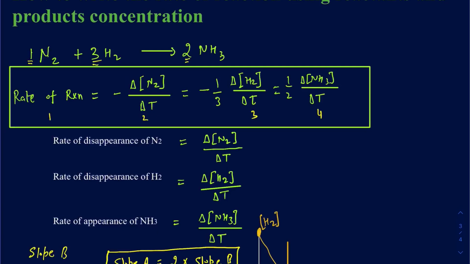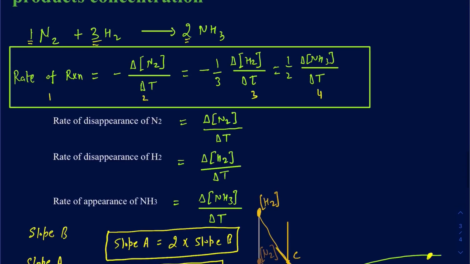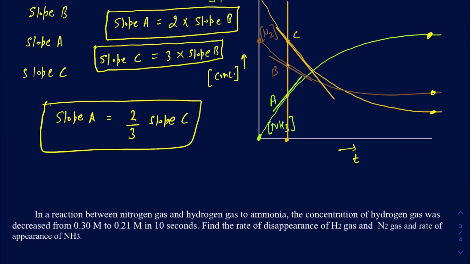But when I compare the formation of NH3 with respect to the hydrogen, I know the formation of NH3 is going to be slower than the loss of H2, just because of their stoichiometric relation. Now, how much slower? Well, you can use their coefficients to figure that out. We've got 2 here and 3 there, and that's what we wrote down. So the slope of A is related to the slope of C in terms of magnitude by a factor of 2/3.